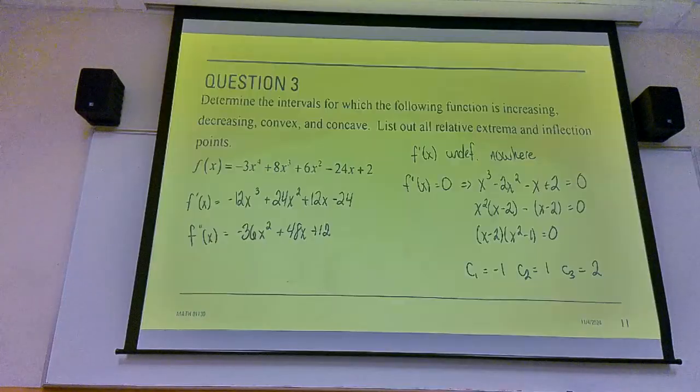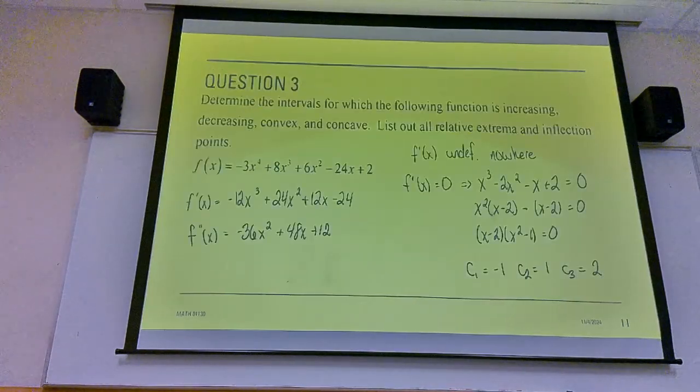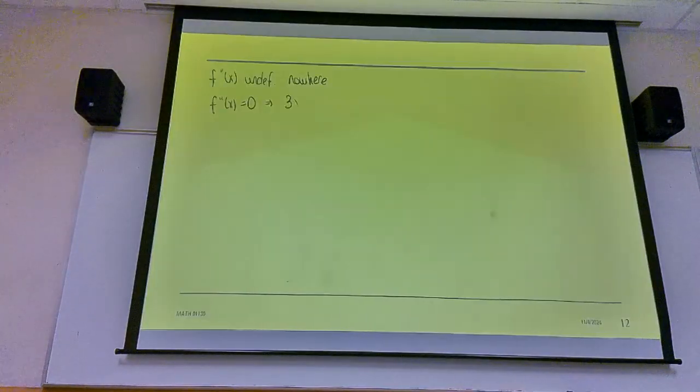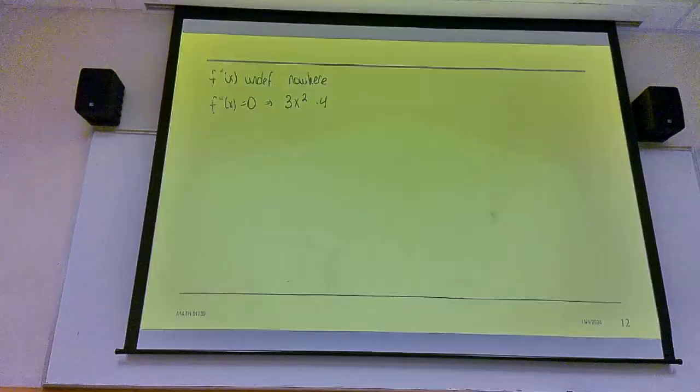Is there anywhere f double prime is undefined? Set it equal to 0. x squared minus 4x minus 1 equals 0. 16 minus 12 is positive.